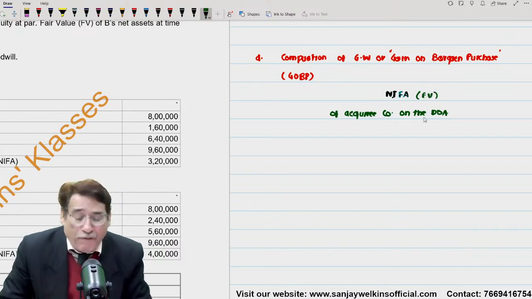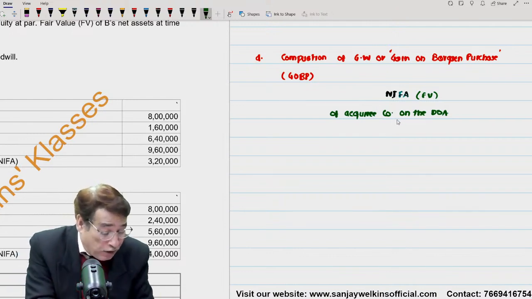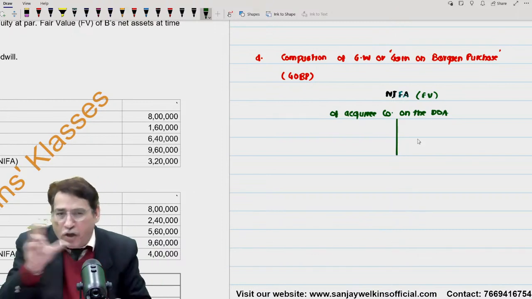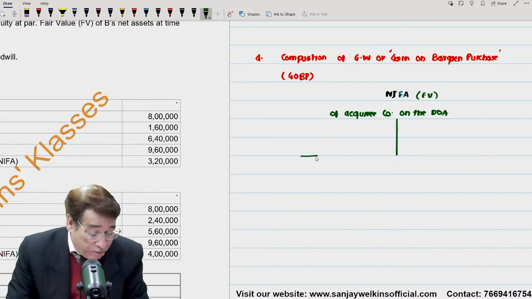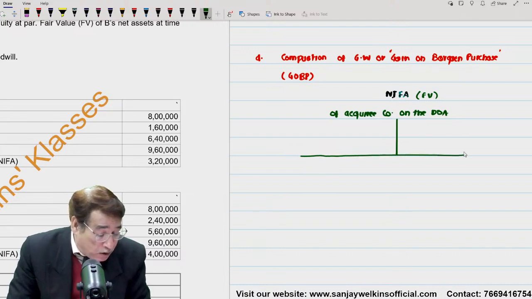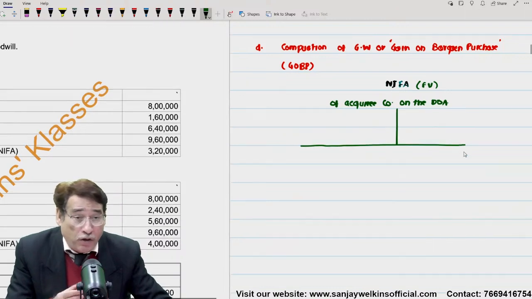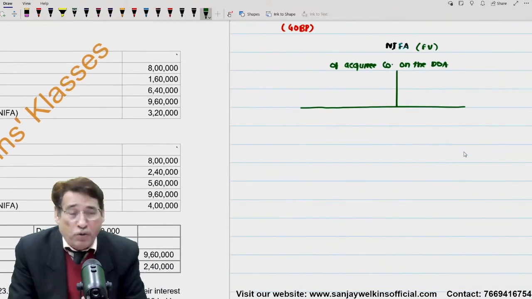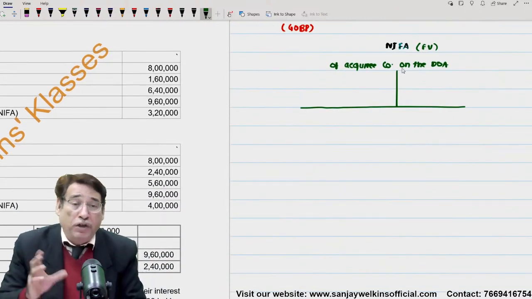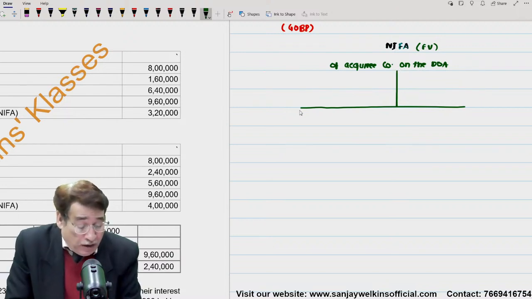First of all, you will have to find out the NIFA, and it will always be available in the question. Out of that, all you have to do is to pluck out the share of NCI, correct? As I did earlier. In order to compute goodwill or gain on bargain purchase, take into account the NIFA on the date of acquisition, and then find out the NCI.